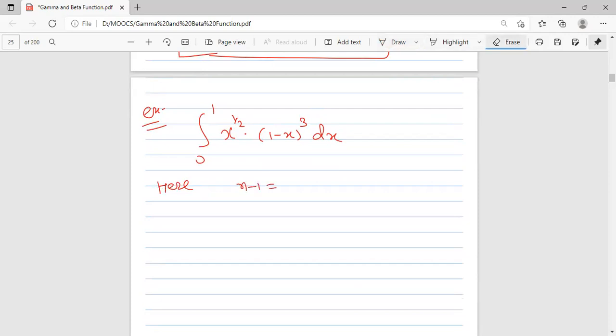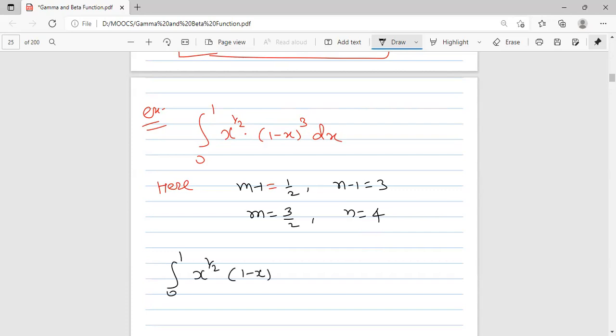Both are symmetric so the order doesn't matter. m minus 1 is equal to 1 by 2 and n minus 1 is equal to 3. Therefore m equals 3 by 2 and n equals 4. Therefore, this given integral is nothing but beta of 3 by 2, 4.